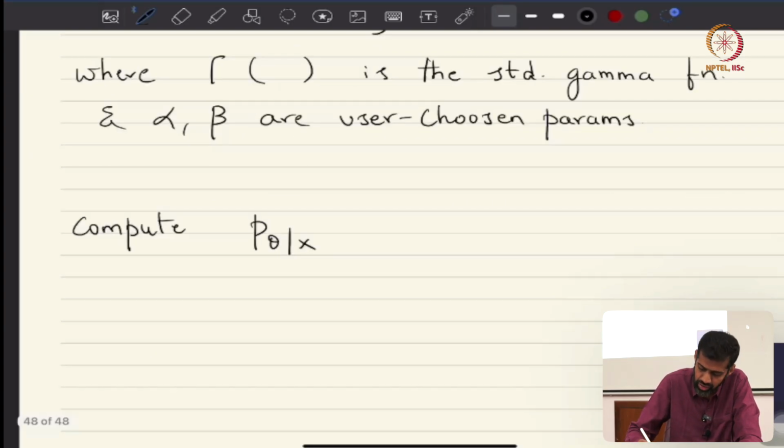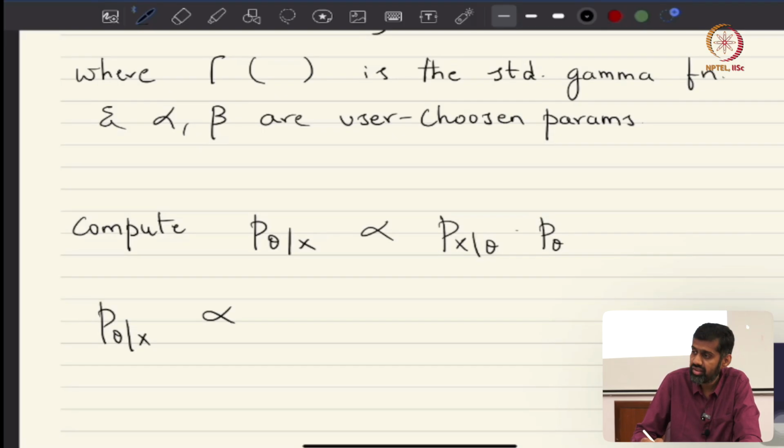We know that this is proportional to the conditional likelihood times the prior. Okay, so let us look at this. What is p of x given theta? Let me write that: theta power x times 1 minus theta power 1 minus x.